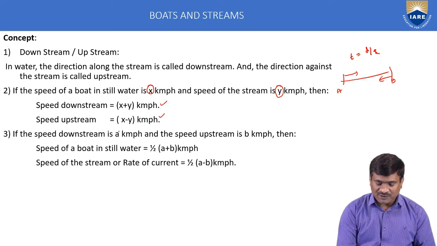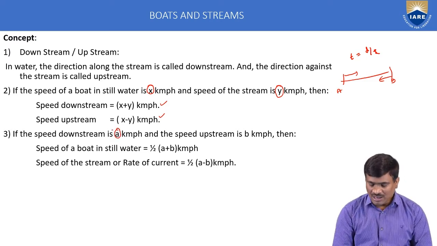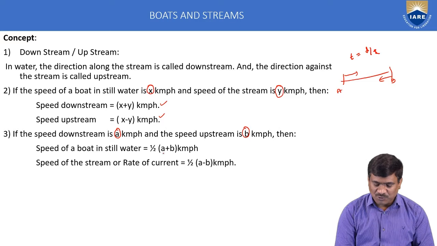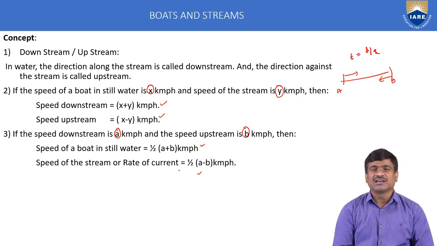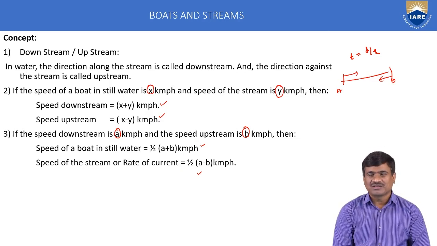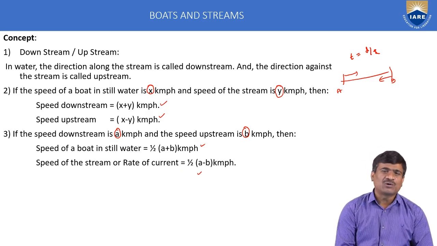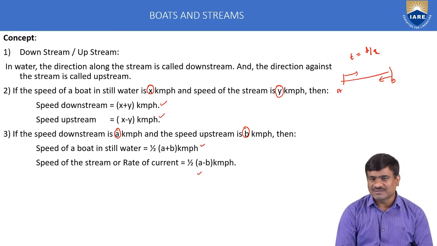Next, if the speed of a downstream is a km per hour and the speed of an upstream is b km per hour, then the speed of a boat is a plus b by 2 and the speed of a stream, or rate of current, is a minus b by 2. This topic depends only on unknown terms.